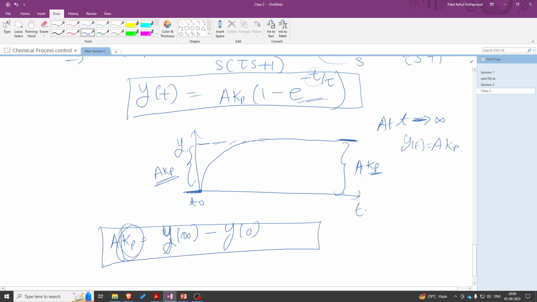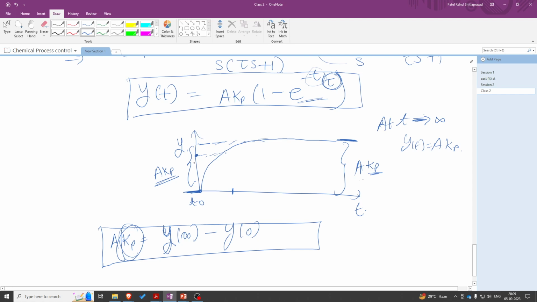Now using this, if we want to find the value of the time constant, we can put the value of A Kp over here, and then we can come to a correlation that the time constant is defined as the time at which the response of the system is 63.2% of the steady state value.